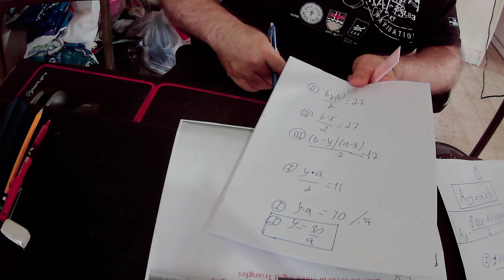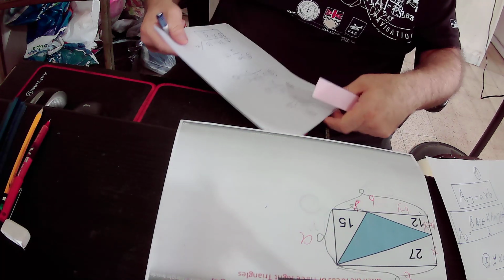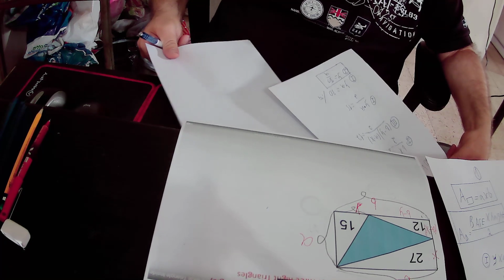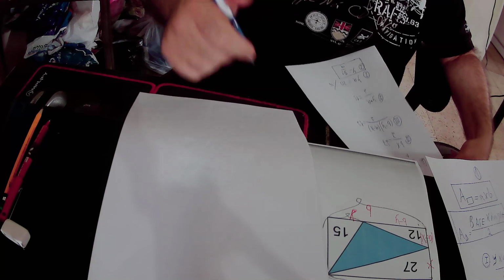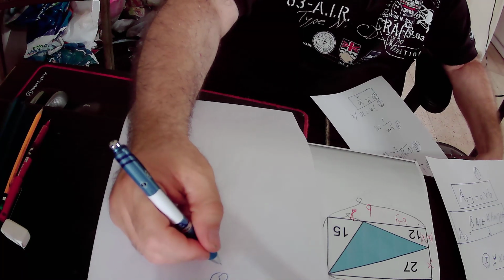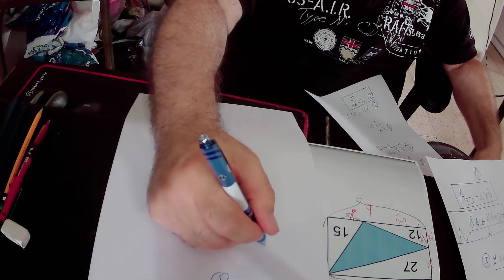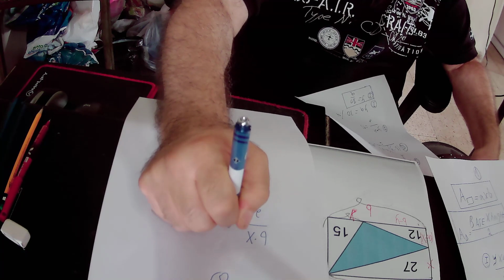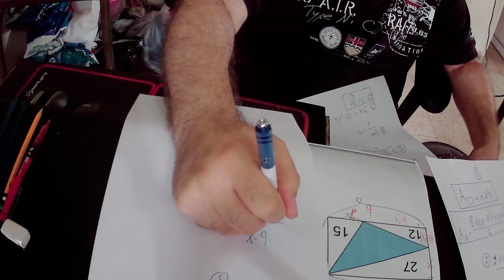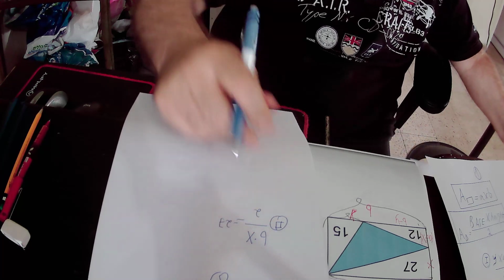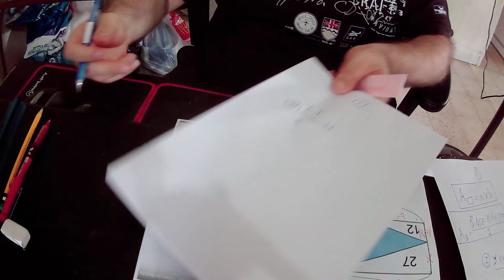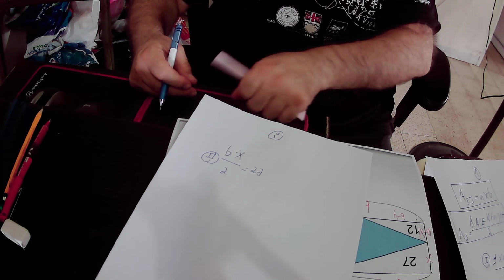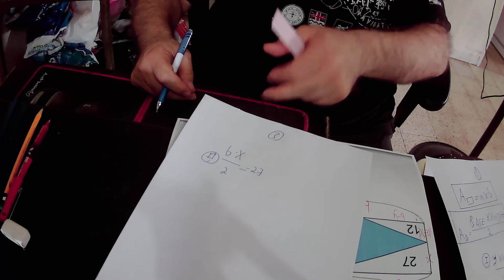Okay, we will do the same thing on x. We'll take x out of the second equation. The second equation is b times x divided by 2 equals 27. We multiply both sides of the equation by 2.